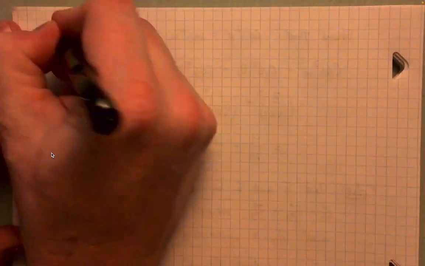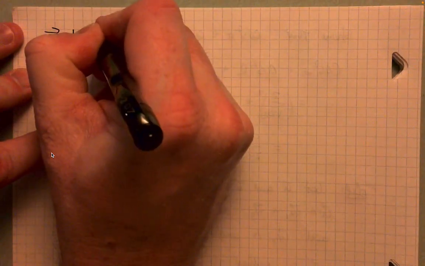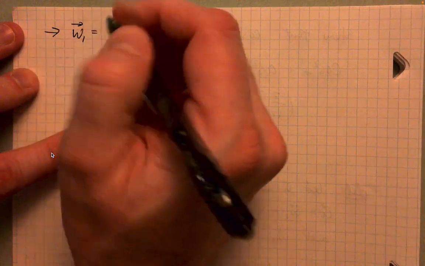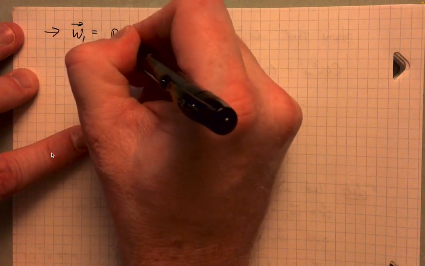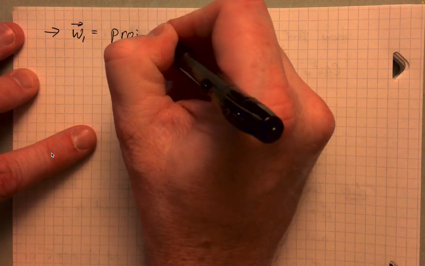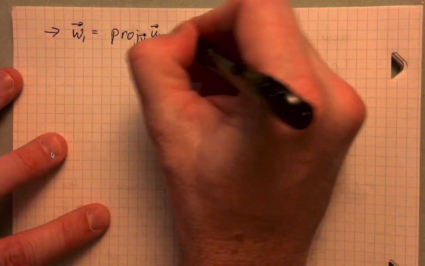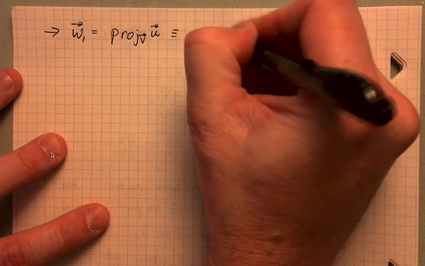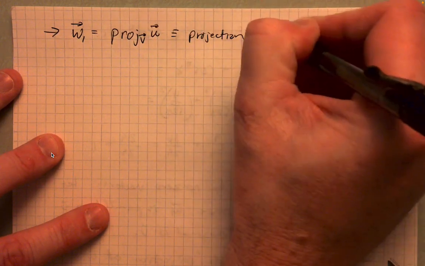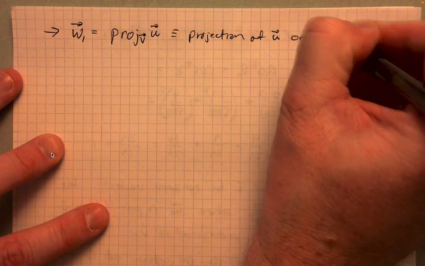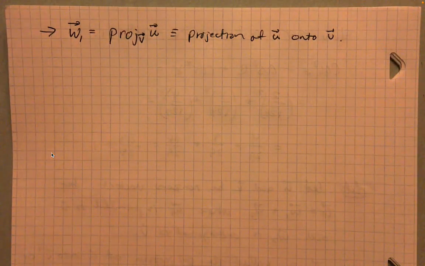Let's remember here that w1 is a vector, the projection vector, the projection of u onto v. So v and u are not the same.